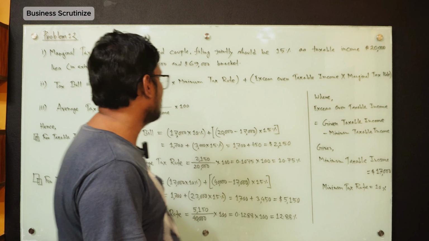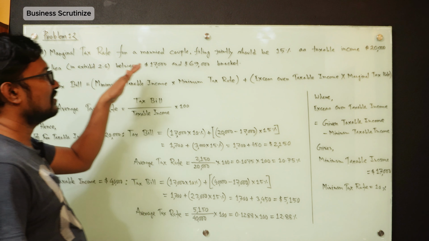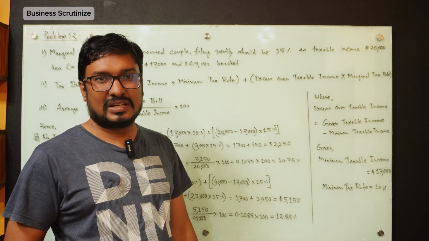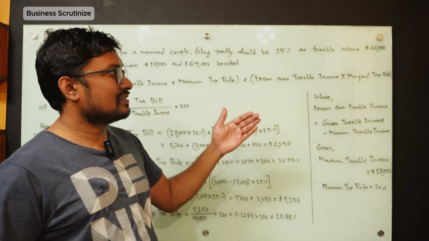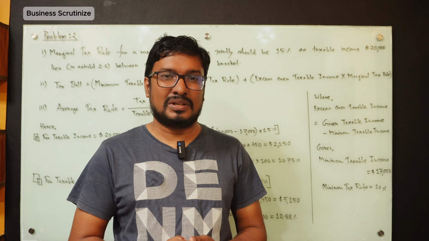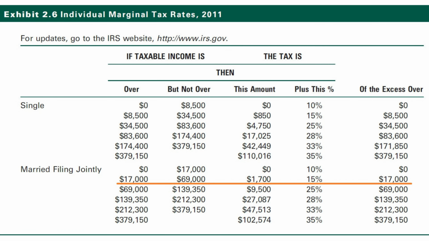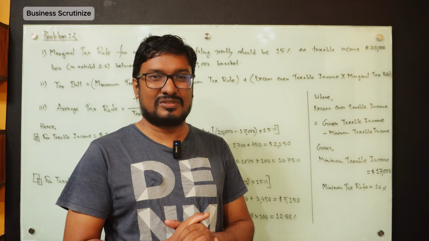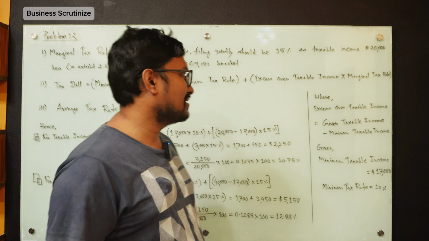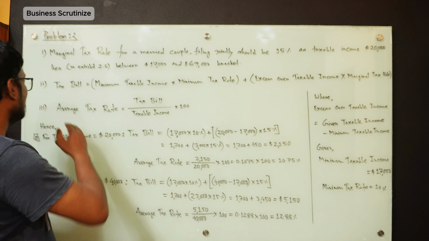In the first requirement, the marginal tax rate for a married couple filing jointly should be 15%, because the taxable income of 20,000, which is given in the problem, lies in the bracket between 17,000 and 69,000, and there 15% is the marginal tax rate. So this is the first requirement. Very easily we can find it from Exhibit 2.6. You can see there. And next requirement, the amount of tax bill.